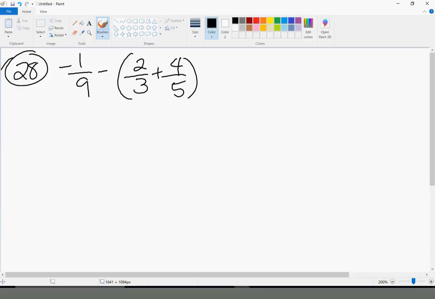Okay, so we want to work in the parentheses first. So we have to have a common denominator. That common denominator is going to be 15. That's the least common multiple between 3 and 5.